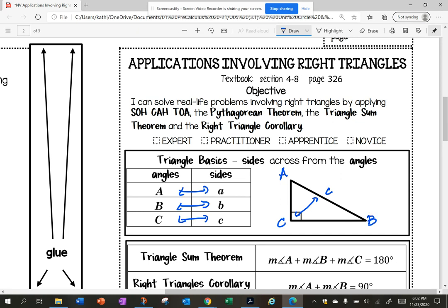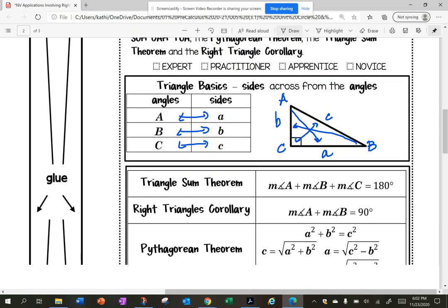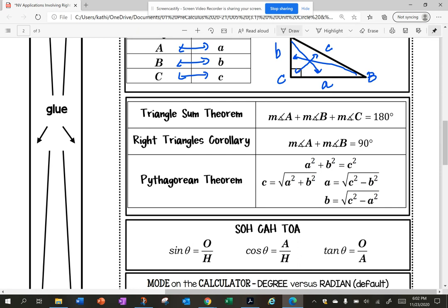They're the two acute angles, but across from A is side A, and across from angle B is side B. From geometry, we also know that when I add all three angles of a triangle, they always total 180. Since we're talking about right triangles, I know that if I add my two acute angles, they total 90.